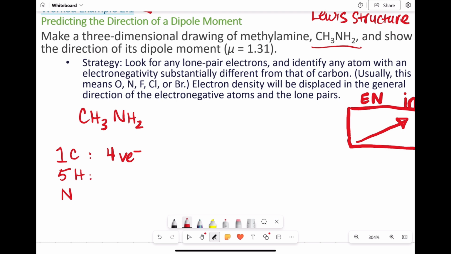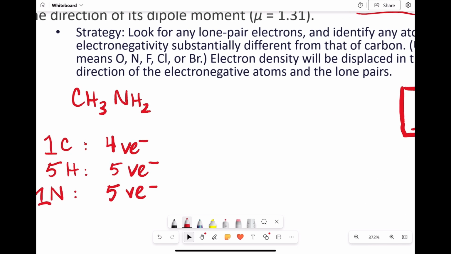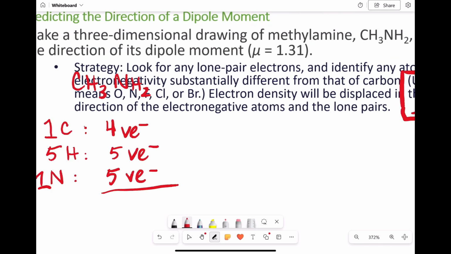For each hydrogen, we know that has 1 each, so a total of 5. And then 1 nitrogen specifically means we have 5 valence electrons. So we need to add this up, just zooming in so you can see a little better. 14, a total of 14.